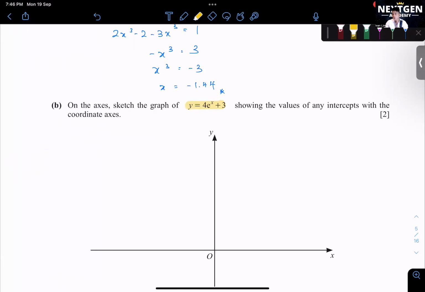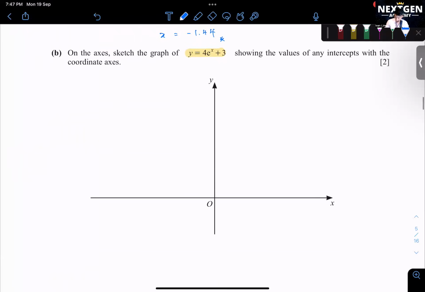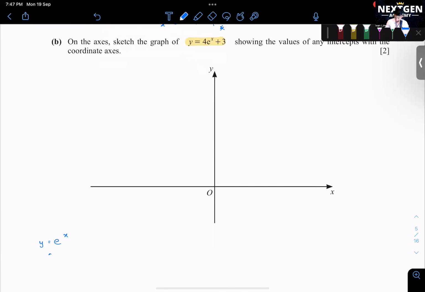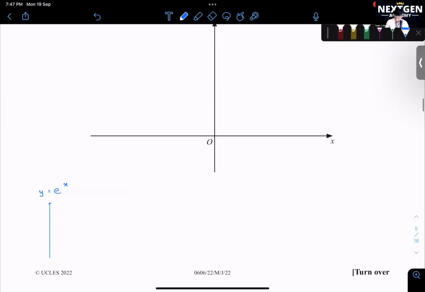So we need to just translate from the original one, or you actually can calculate it also. If you are translating it from the original one, you just need to understand like this. y equals e to the power x. It looks like this, which you all should know the properties.